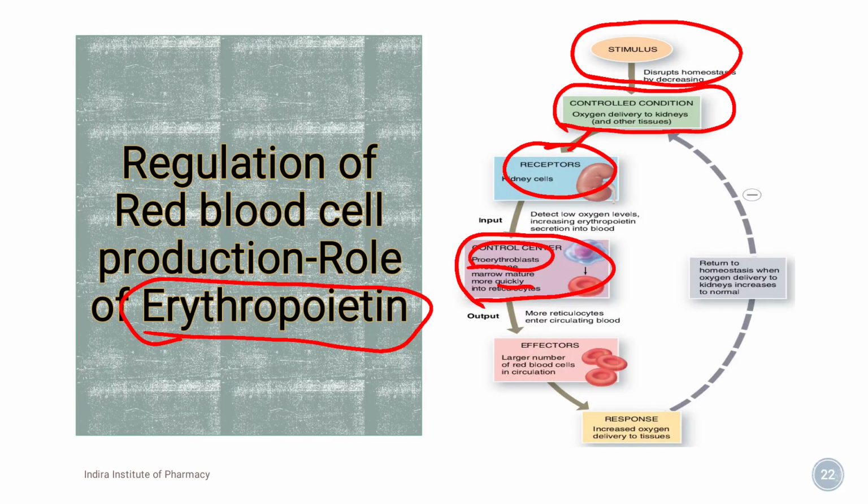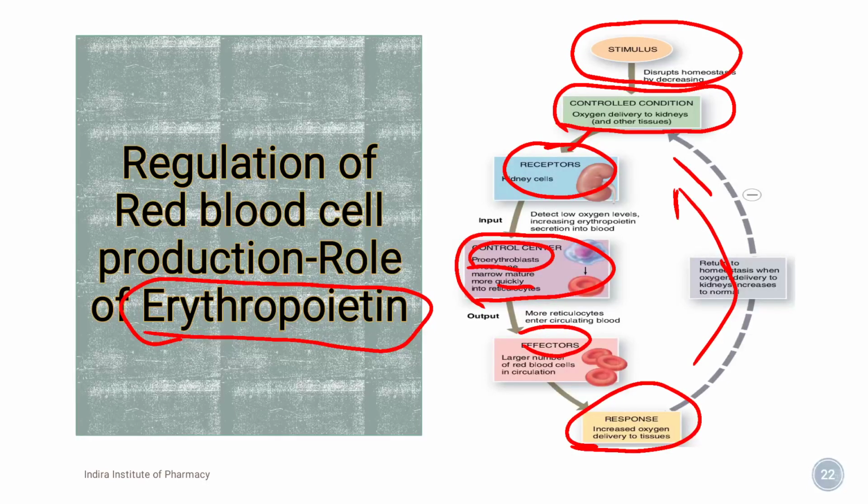So a sufficient amount of oxygen will be delivered to the cells and tissue. The effector result is a large number of red blood cells in circulation, so oxygen delivered to the tissue increases and homeostasis is maintained. It comes back to normal from the decrease.